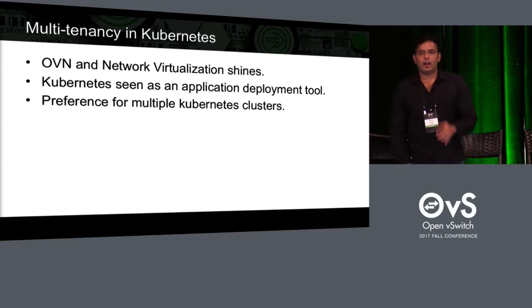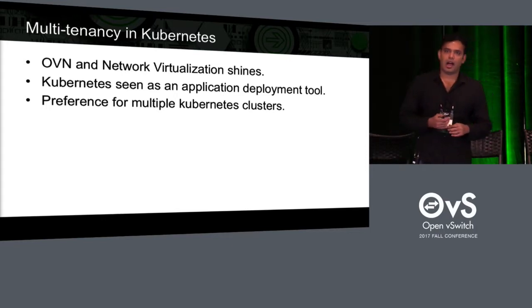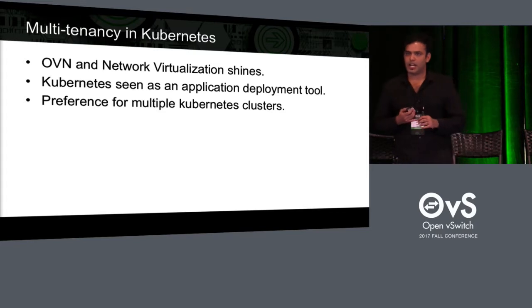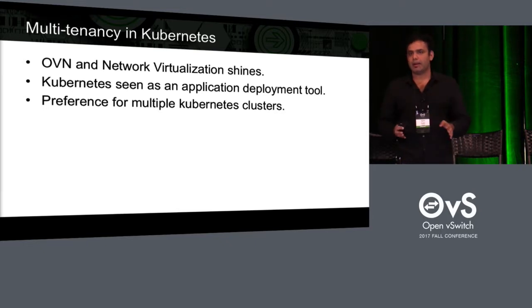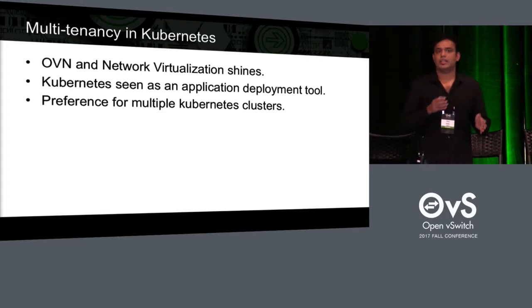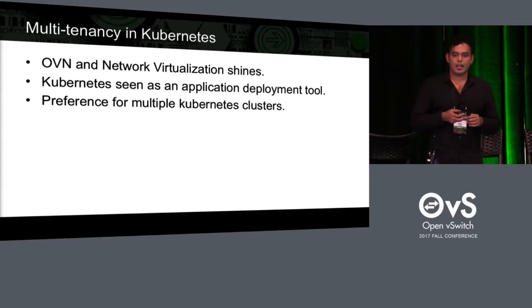In OpenStack, OVN really shines mainly because of its inbuilt ability for multi-tenancy. In general, because this is a network virtualization solution, you can have Coke and Pepsi next to each other with the same IP address, and OVN does a very good job of making sure that they can't talk to each other.